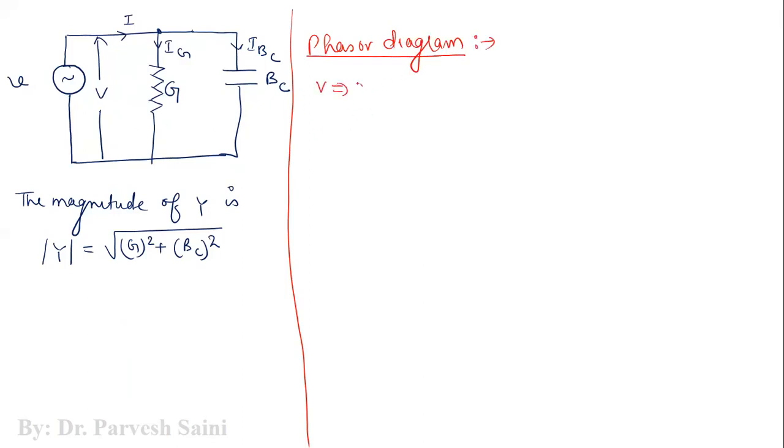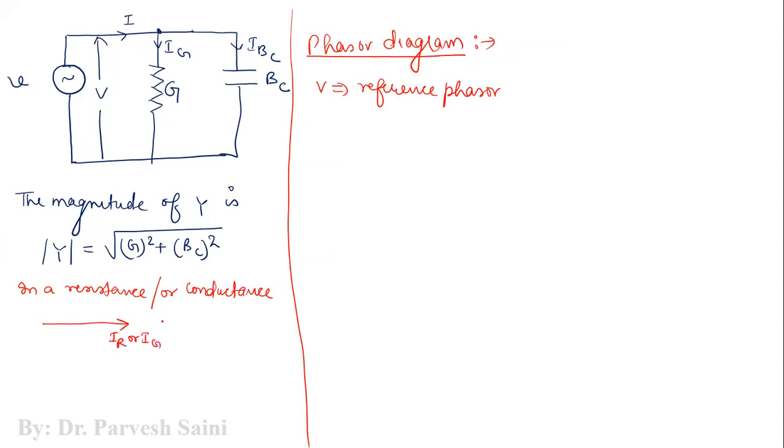V will be the reference phasor, right? And we know that in a resistance or the conductance, the current, which is IR or IG, is in the same phase with the voltage, right? Both are in phase.